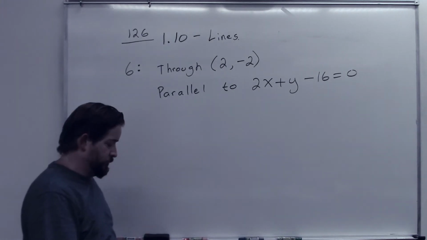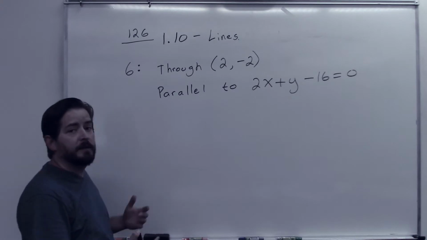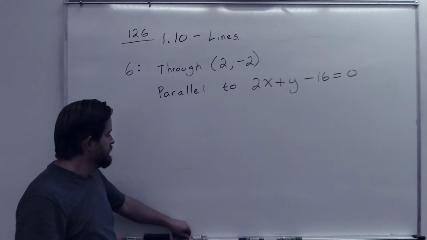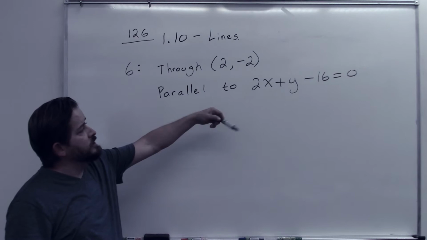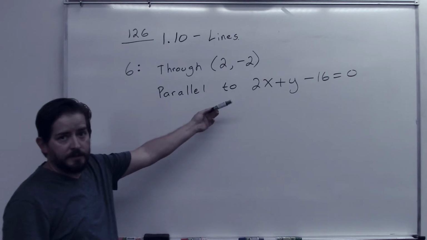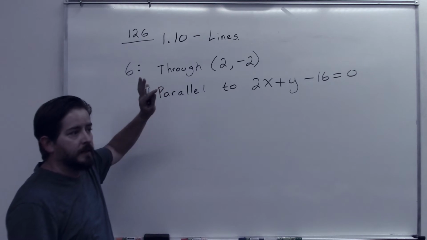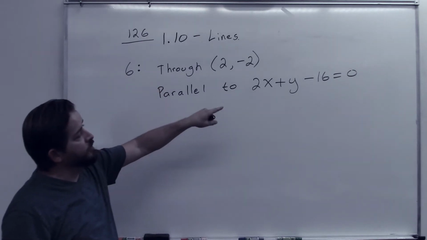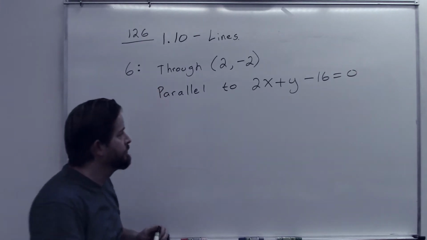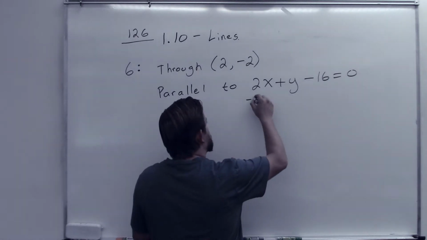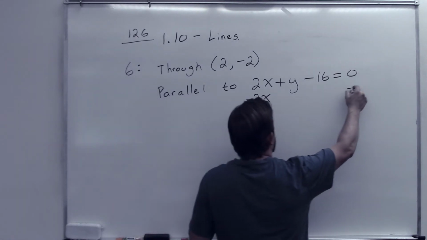All right, so for two lines to be parallel, that means they have the same slope. Therefore, with this line right here, I just want to figure out what its slope is. And that's the only thing that I care about for this line. Everything else, I don't care. All I want is the slope, because that's what I need, right? So I'll solve for y. I'll subtract 2x from both sides.